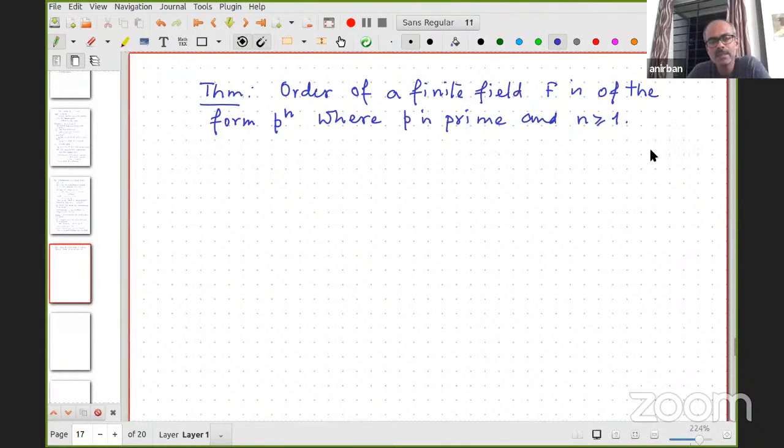This theorem tells us that every finite field has order of this form, p to the n, with p prime, so they are all prime powers. How do we prove this? Proof of this fact.